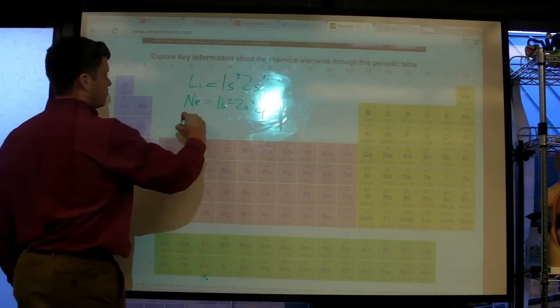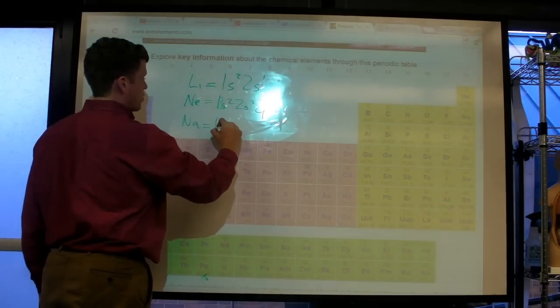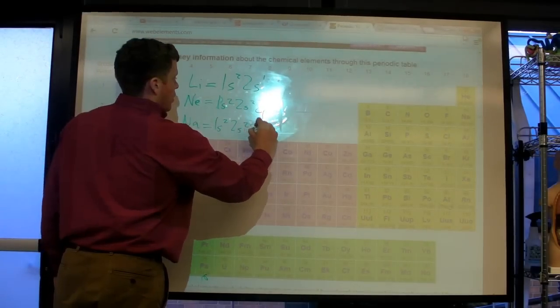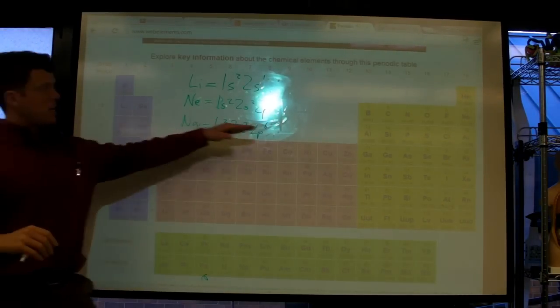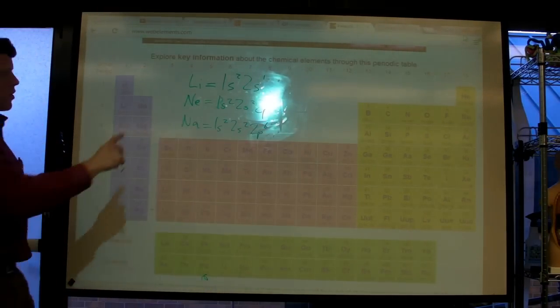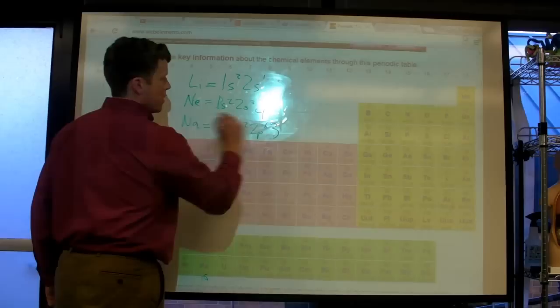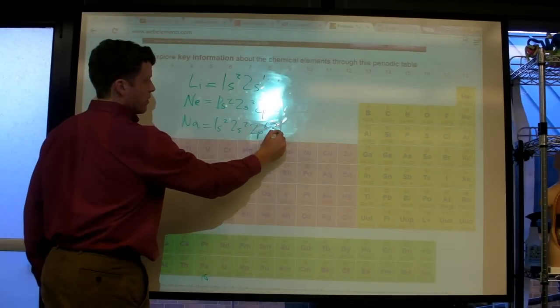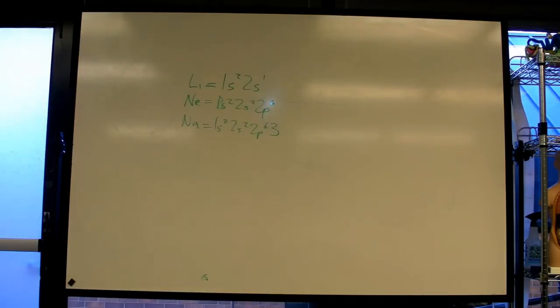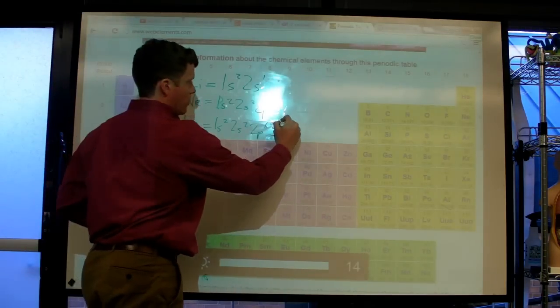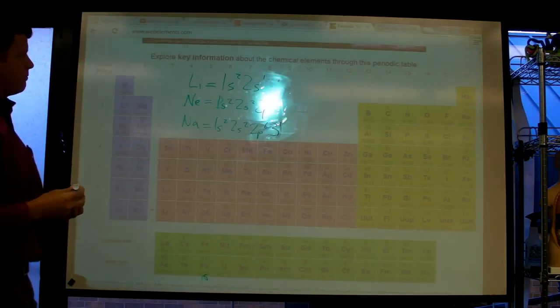So sodium would actually be 1s2, 2s2, 2p6, but as you can see, it's in period 3, so 3 energy levels, so we've got to add another energy level, so that would mean a 3. Then we've got 1 more electron to fit on, so that would go right there.